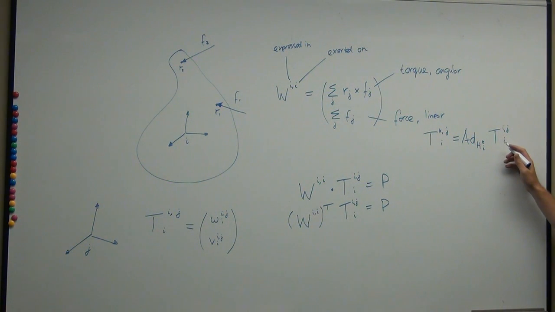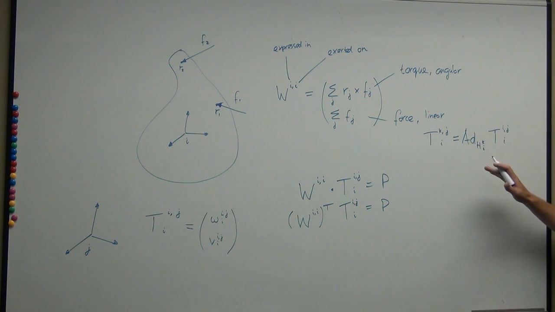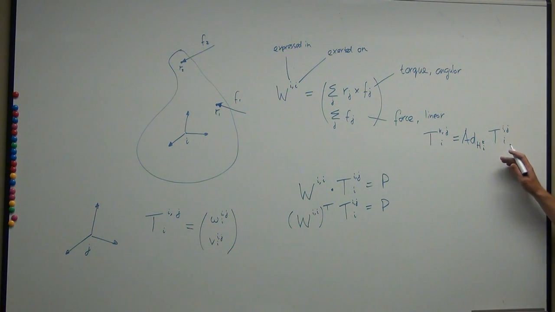So that's how you get this T. Okay, so T_KJI is this.